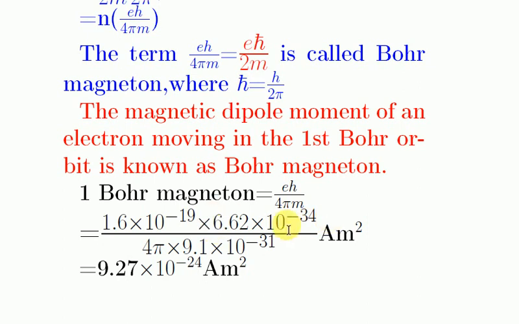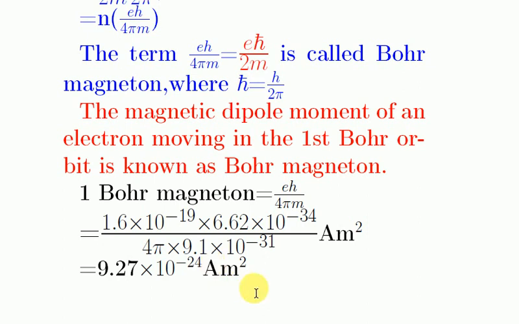The mass of an electron is 9.1 times 10 to the power minus 31 kg. If we calculate this, we get 9.27 times 10 to the power minus 24 ampere meter square.